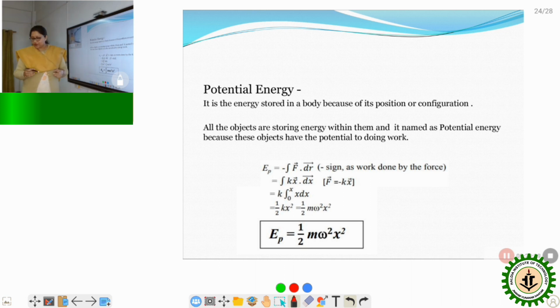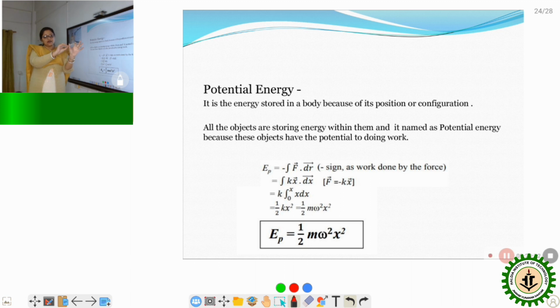Now let me give you one practical example. You can see this is a rubber band. A rubber band is an elastic body, right? And this is a piece of paper. Basically in childhood we play this game many times.